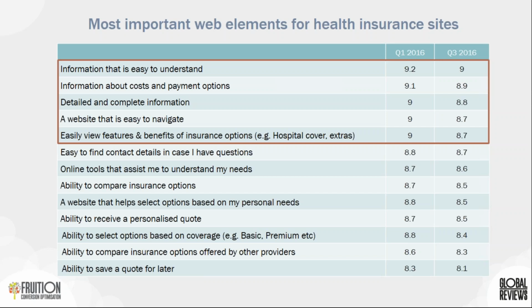Then a website that's easy to navigate, and easily viewing features and benefits of insurance options. So this top 5 has stayed in the top 5 for the last 2 runs. Really it's about making it easy for me to understand, giving me everything that I need when I need it, and being able to compare easily.